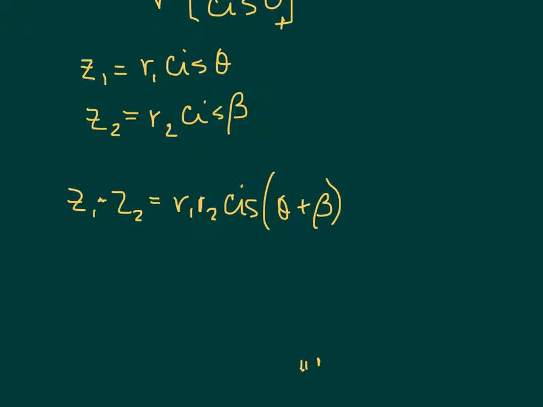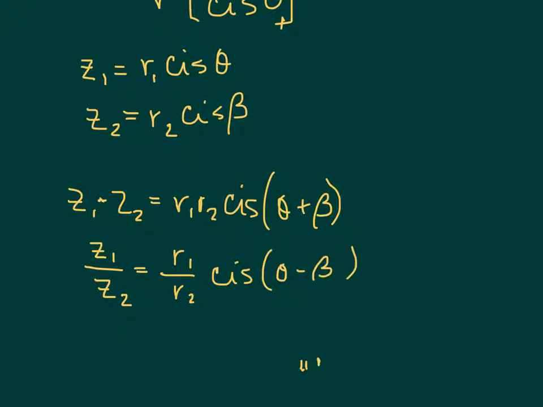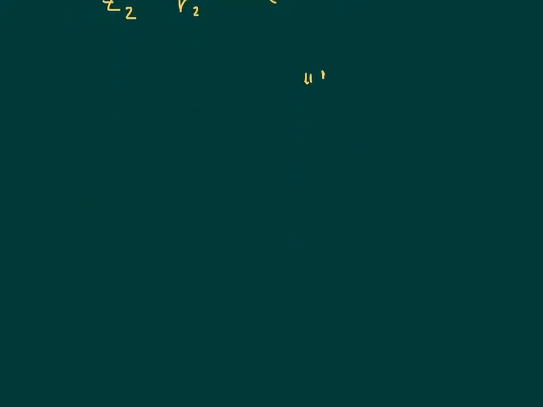So we multiply the radii and we add the angles. The other thing that we had spoken about is that if we're dividing, it's similarly kind of easy. We're going to have r1 over r2, but then we're just going to subtract the angles.